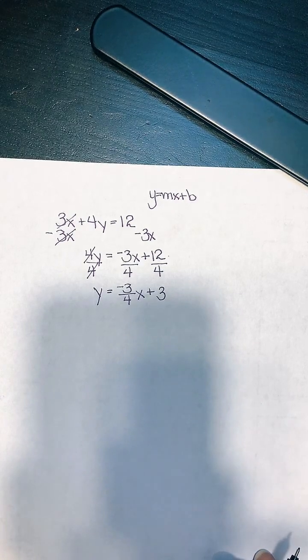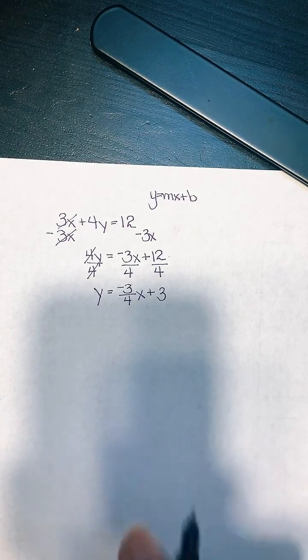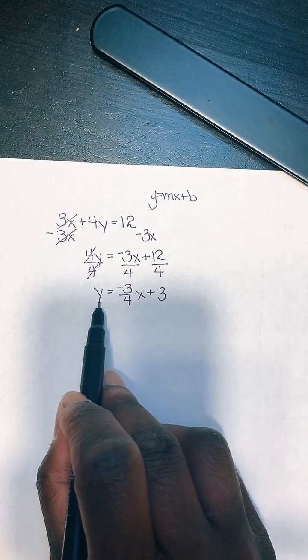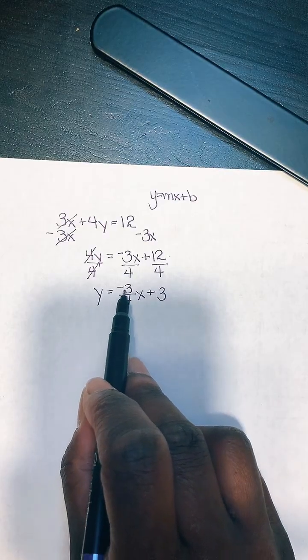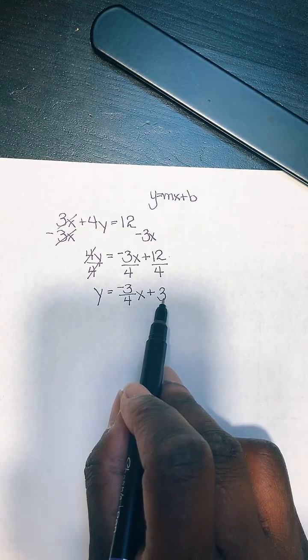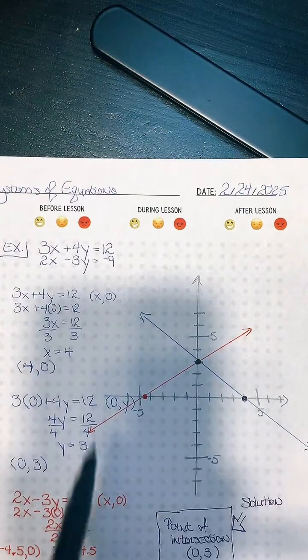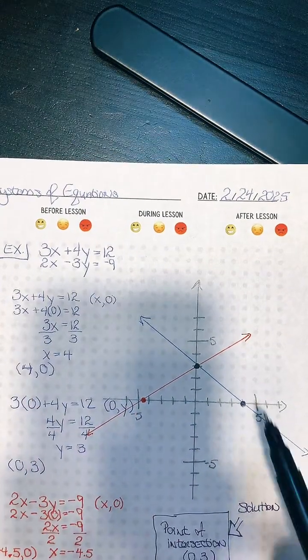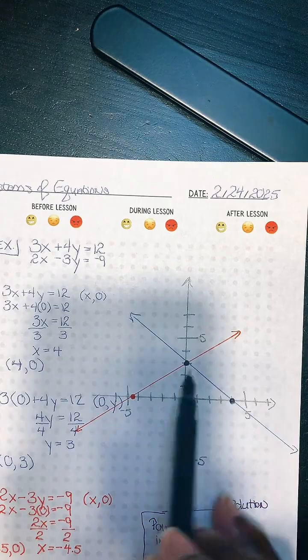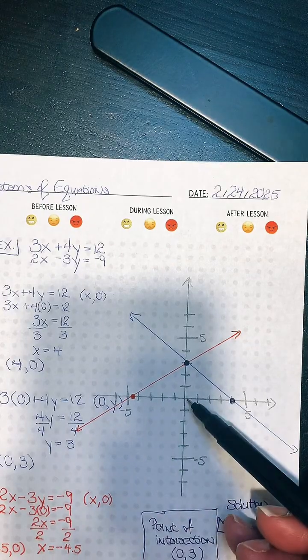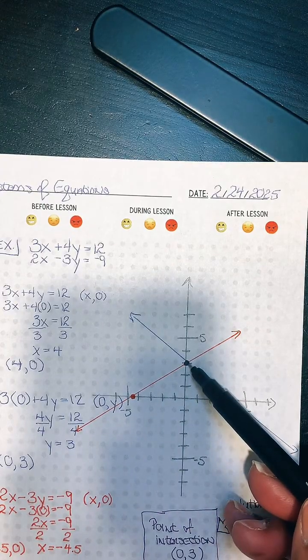Okay. All right. So if we take a look, y equals negative 3/4 x plus 3. If I look at that graph, which was the first equation, didn't we start here at 3? That's my y-intercept.